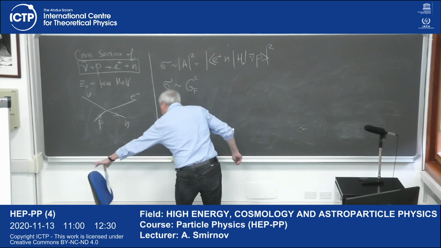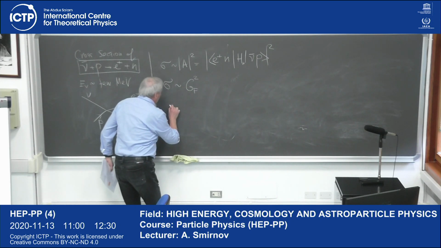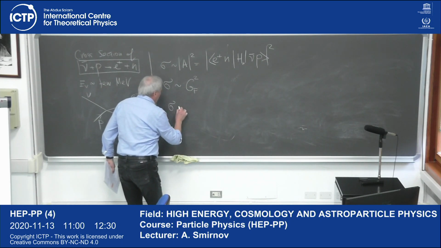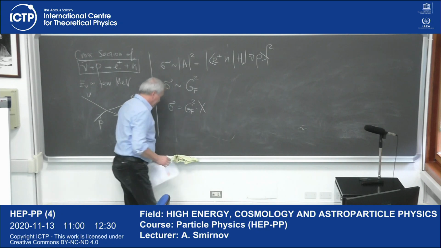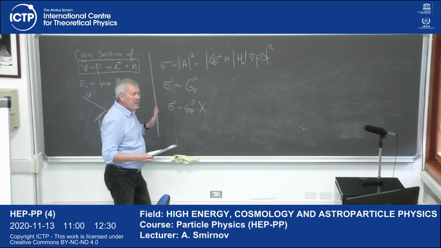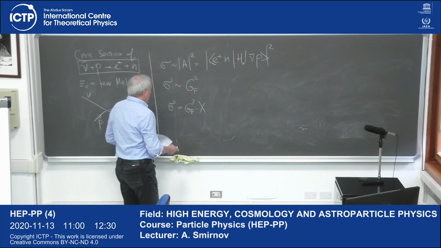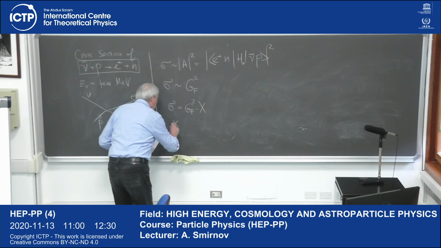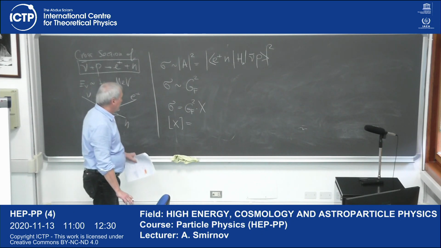So we have this proportionality. Now, the exact expression for sigma should be G Fermi squared times x, some quantity x. Clearly, this quantity x should have dimension. What should be the dimension of x?